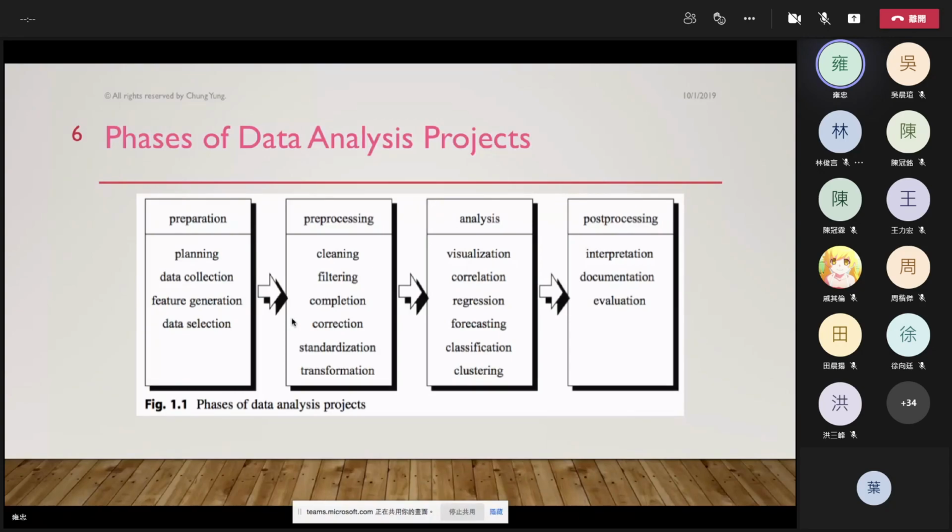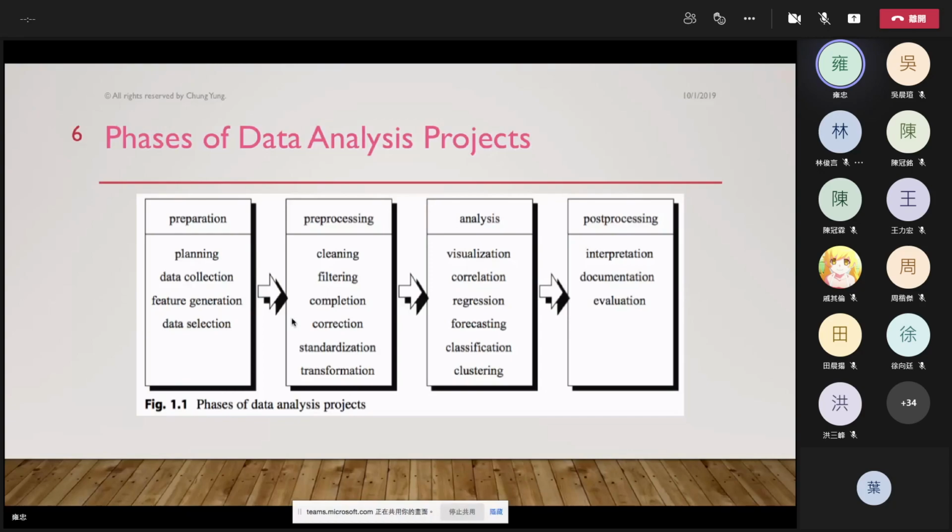The first phase is data preparation. Since we are going to analyze data, the first thing is that we need to get the data and do some preparation work to exclude so-called noisy data or irregular data.